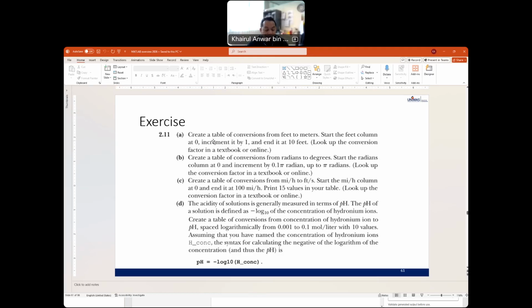So to do the question 2.11A again, you need to use linspace to create a row of values from 0 to 10 in steps of 1. Then find the unit conversion for this to feet.